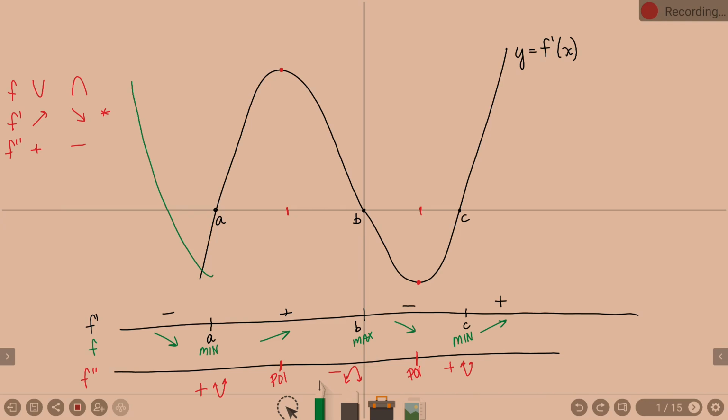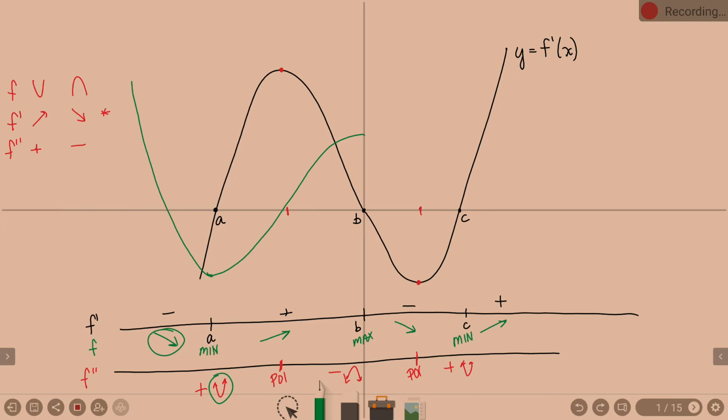Now, does this make sense with what we're doing here? We're decreasing and concave up. Am I doing that? It's kind of natural, but I am. Then a min under A, then we're going to be increasing through the inflection point over to B. Did I kind of get an inflection point there?